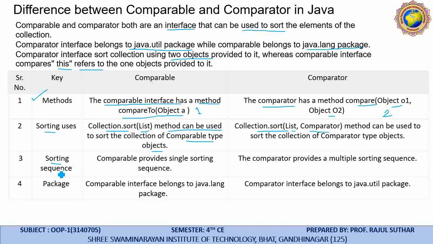Then the sorting sequence: Comparable provides a single sorting sequence, while Comparator provides multiple sorting sequences. And in terms of package, here the java.lang package is used, remember this, while the Comparator interface belongs to the java.util package. So the package is different.